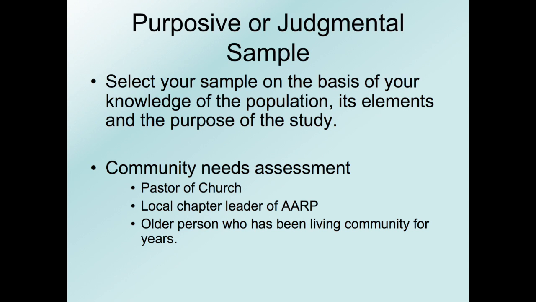So it's not so much based on demographic characteristics as it is on the qualifications, knowledge, or skill of the individuals that you want to include in your sample. You're intentional about selecting those individuals because of some knowledge or skill that they have to contribute to your knowledge base.